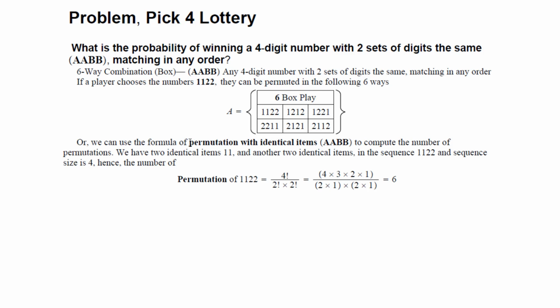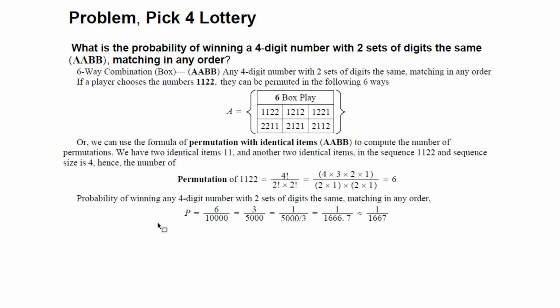We can apply the formula of permutation with identical items for a sequence of the form AABB. The size of this sequence is 4, so here we have 4 factorial, and the size of the identical items here is 2, so we divide by 2 factorial, and we divide by the size of the second set, which is also 2 factorial, and we get 6 possibilities or 6 outcomes.